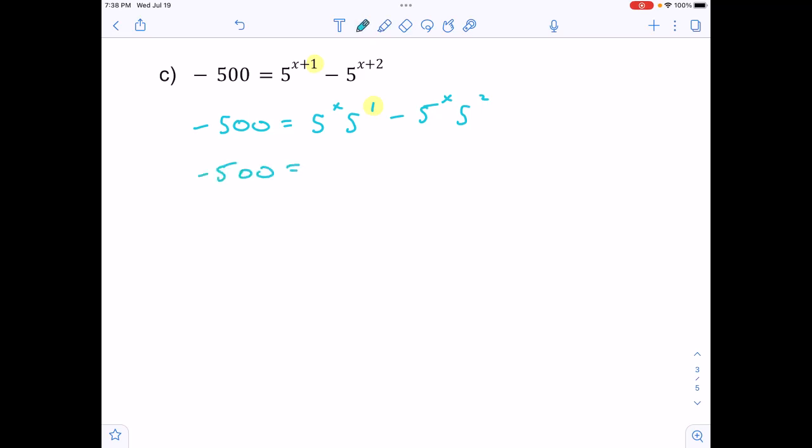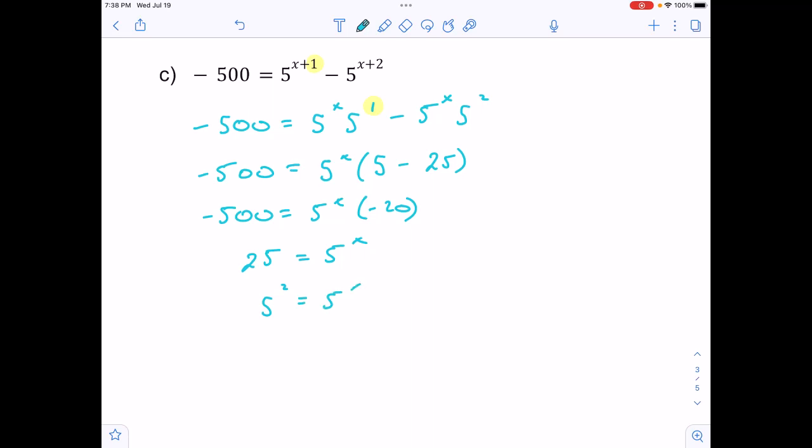I'll factor out my 5 to the power of x, leaving me with 5 minus 5 squared, which is just 25. So I'll just write 25. 5 minus 25 is negative 20, and I can divide both sides by negative 20 to get 25. We know that 25 is 5 squared. Now we have the same base, so I can say then 2 must be equal to x.